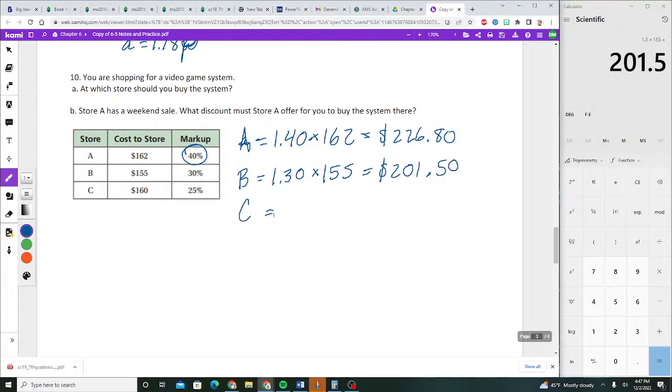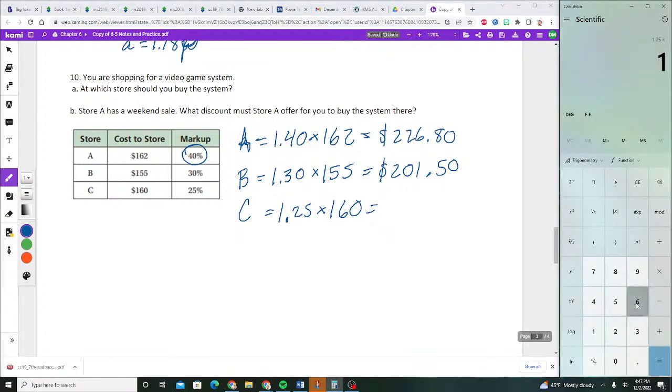And the last one is 160 times, oh, I wrote this backwards. I'm sorry. I was a little distracted. 125%, so 1.25 times 160. So 1.25 times 160 gives us 200. So we should buy the system from store C.